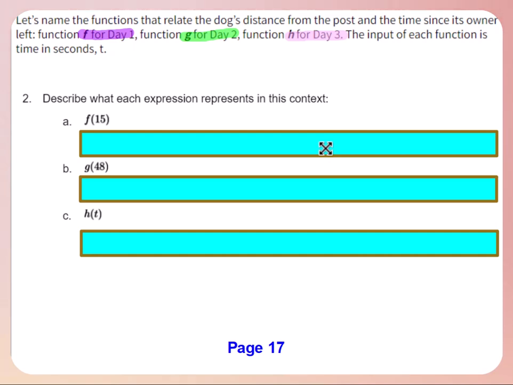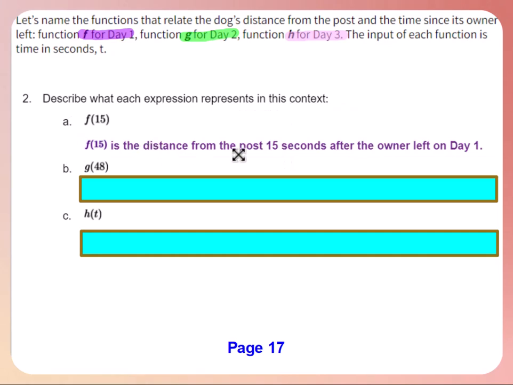If I ask you to write that out in words, you've got to read the word problem. So that means on day 1, 15 seconds after the owner left, that's how far the dog was away. So F of 15 is the distance from the post 15 seconds after the owner left on day 1. Write that down, practice it, and then go on to B and C. And then stop the video, try this on your own, and then come back and let's compare answers.